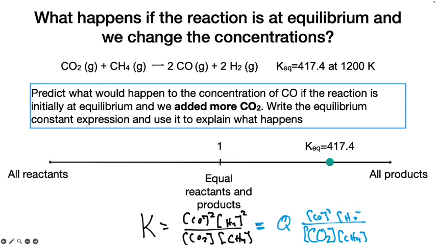Cool. Are we at equilibrium anymore? No. Okay. Where would our Q value be? It should be lower than our K because we've increased the concentration of our reactants. Right? Where specifically?